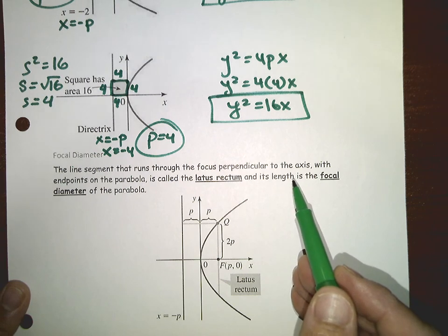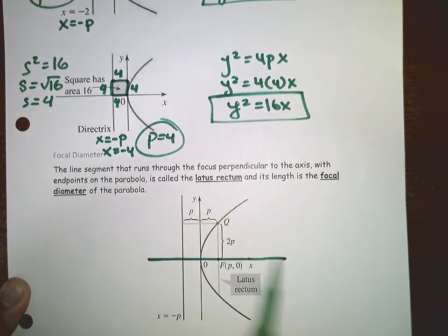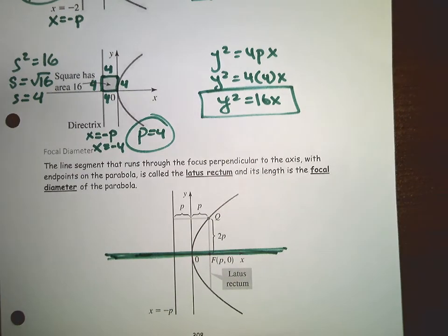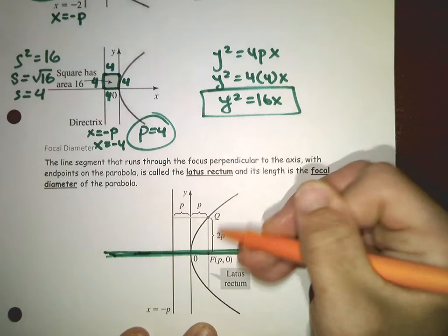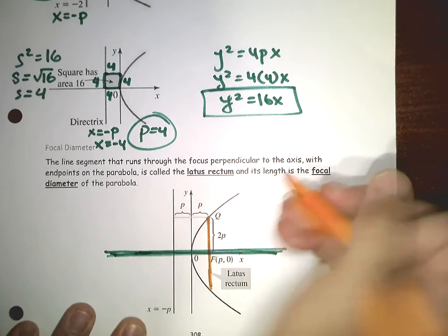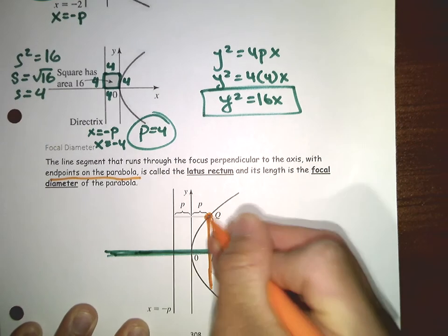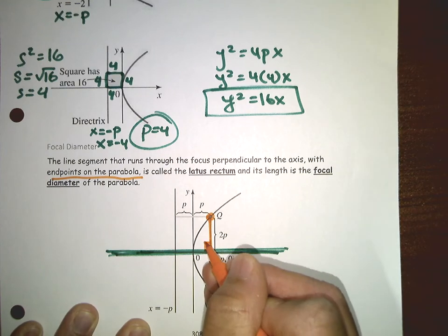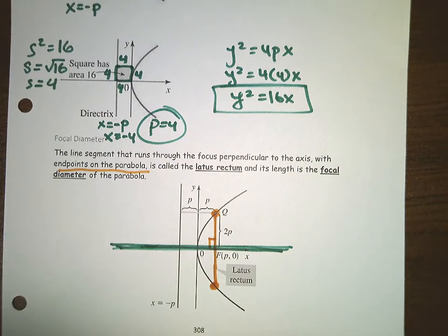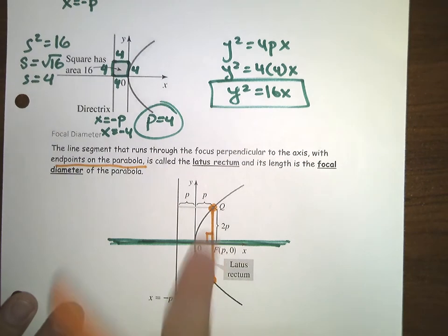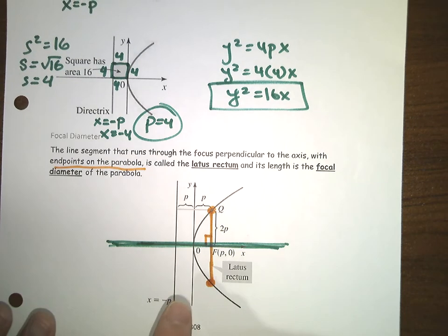All right, so here is the axis of symmetry, and then here is the latus rectum right here, and its endpoints are on the parabola, and it is perpendicular right here. So that's what it is. This segment right here.